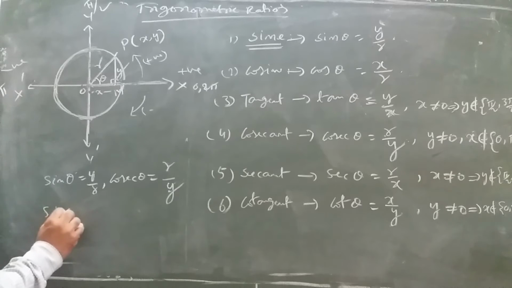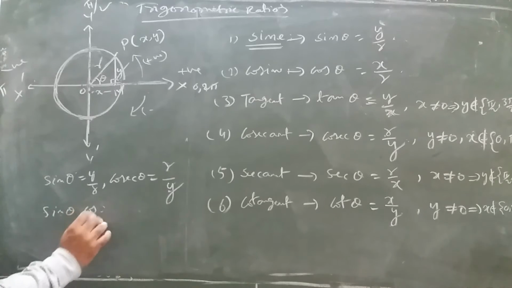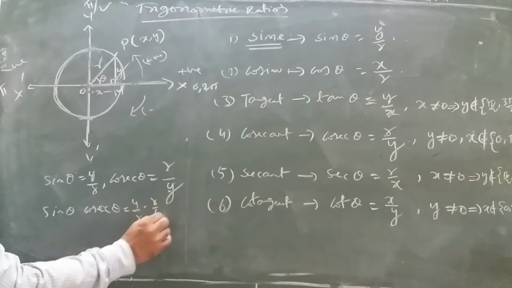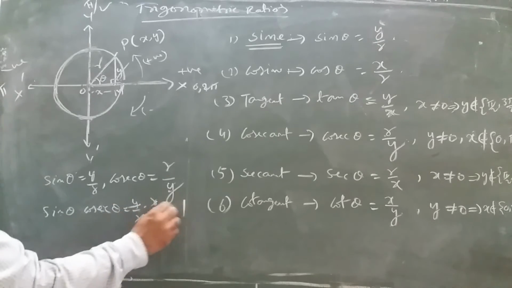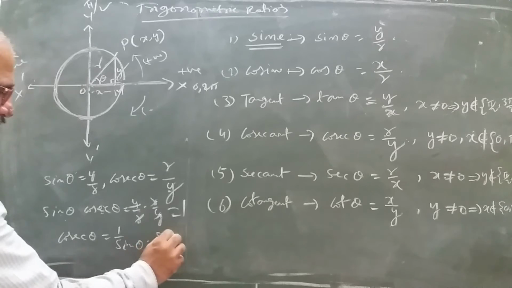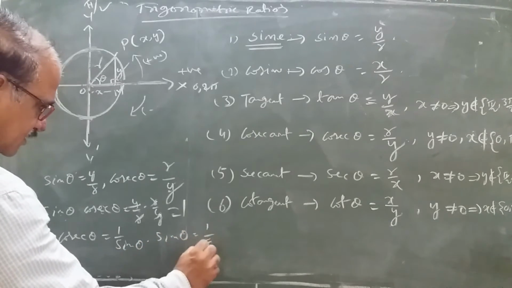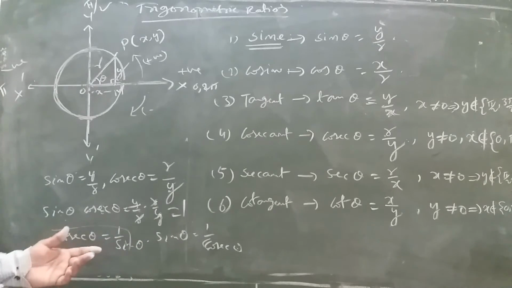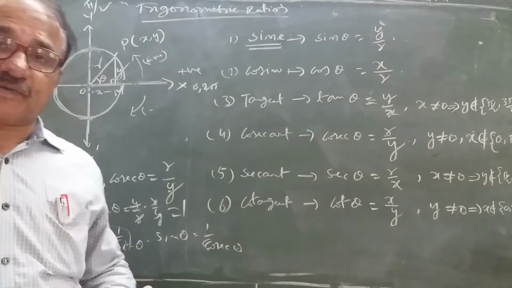Sin theta into cosecant theta is equal to y by r into r by y. So sin and cosecant are reciprocals. Sin theta is equal to 1 by cosec theta.